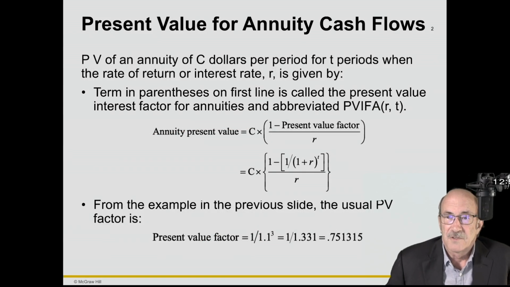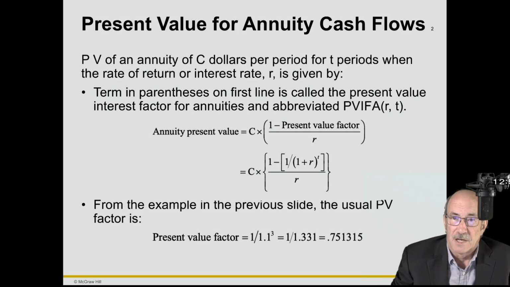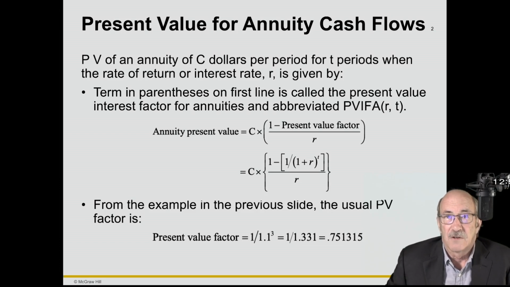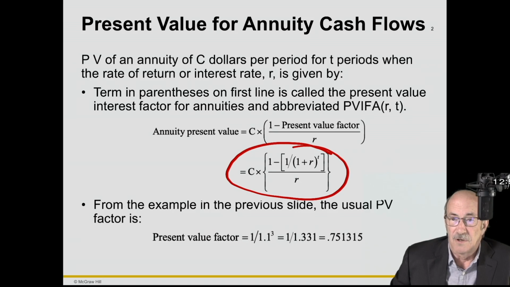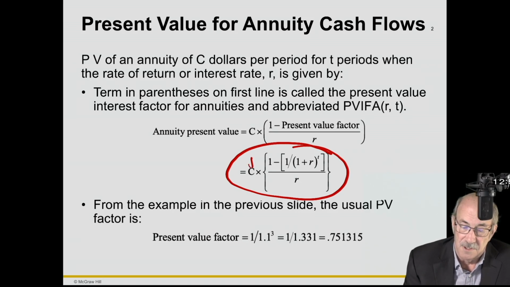All right, so if we wanted a formula of some sort to actually calculate the present value of these annuities, say you didn't have your calculator, or you didn't want to do 15 or so payments, you could easily do this with this formula right here. So the C, of course, is the cash flow.